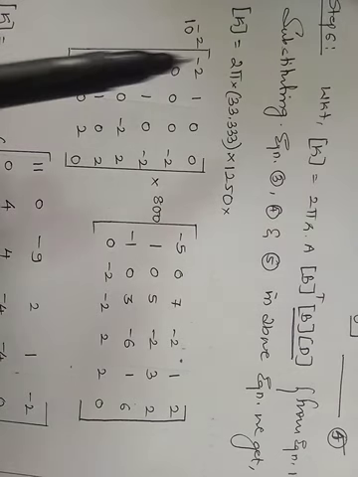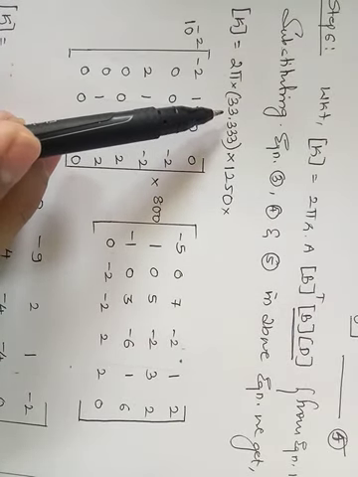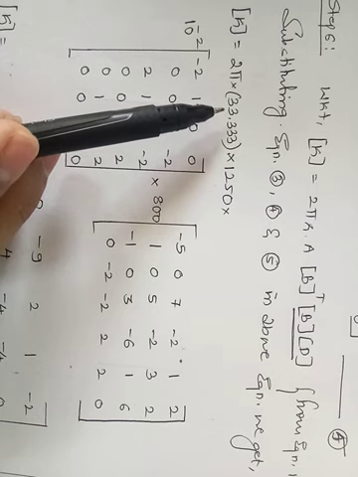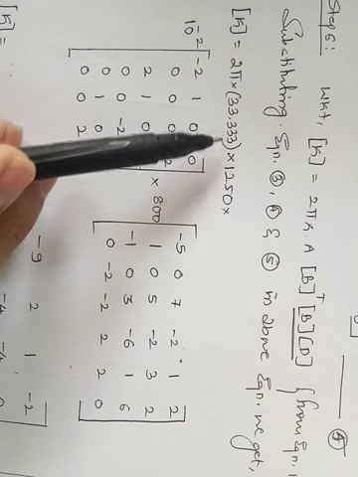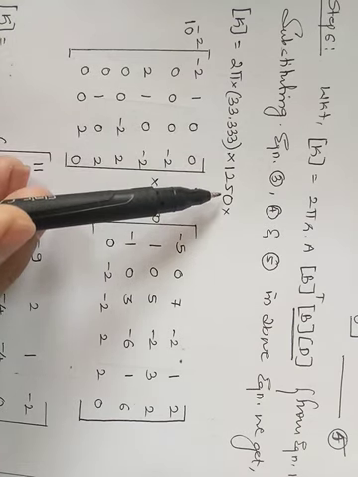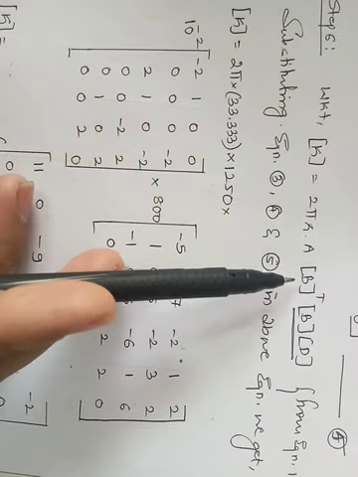So K is equal to 2 pi into R, the value of R, the general coordinate R which you have calculated, R1 plus R2 plus R3 divided by 3. Right, so that is 33.333, into A, the area of the triangle, 1250, into B transpose.